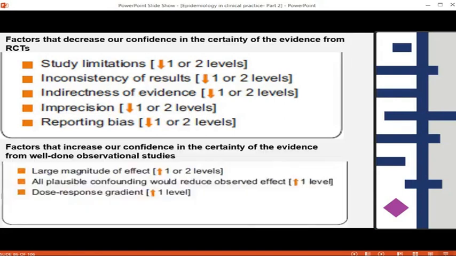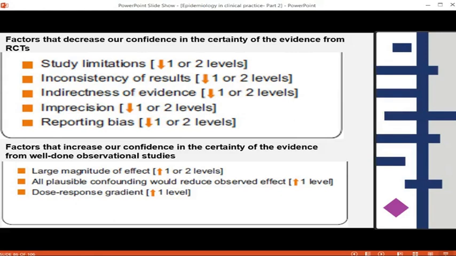Then the other thing is that observational studies are considered to be low quality because there is potential selection bias. And they may even be badly done, in which case you have very little confidence in their results. But if they are well done, you can even consider increasing your confidence in the results by upgrading it, because the study result shows really powerful effects.